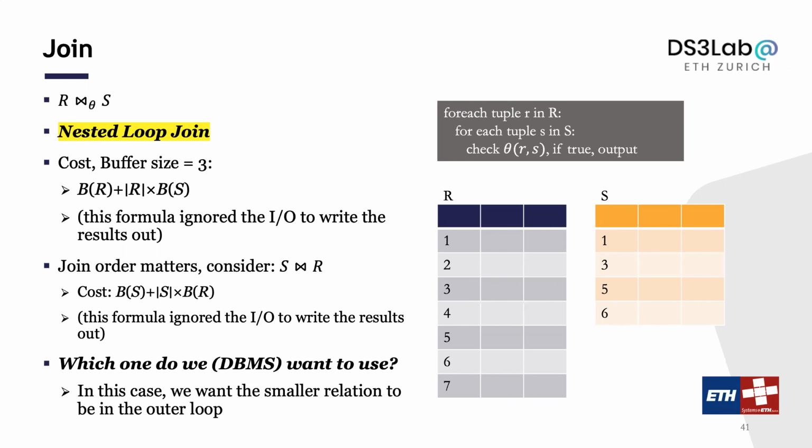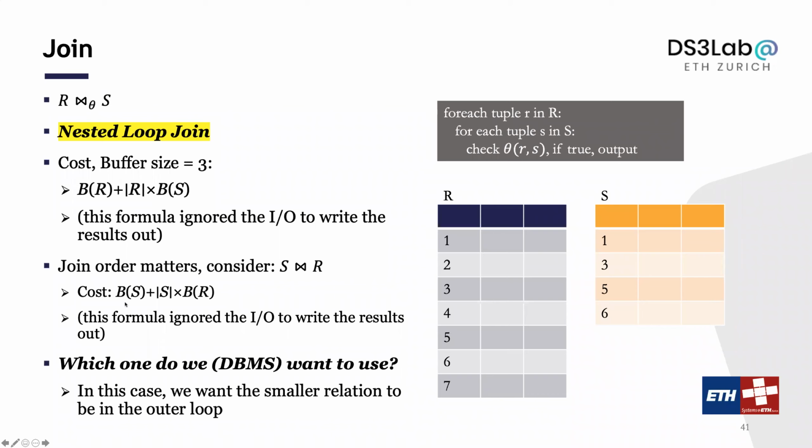In this case, you want to put the smaller relation in the outer loop. Essentially, the second term, R times BS and S times BR, is going to be the same, assuming the tuple size is the same. They are roughly at the same scale. So you are optimizing for the first term.